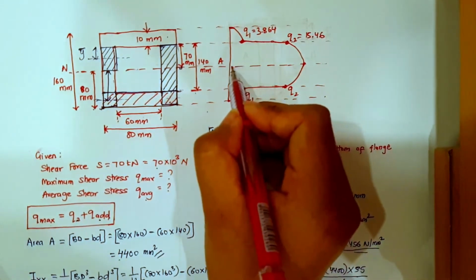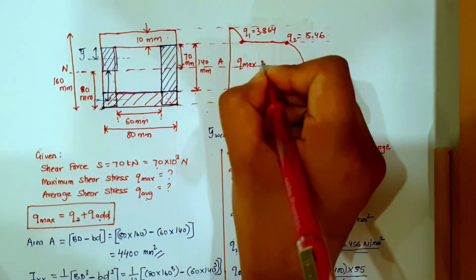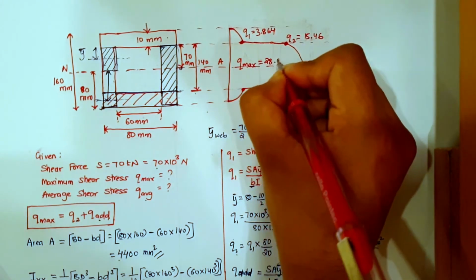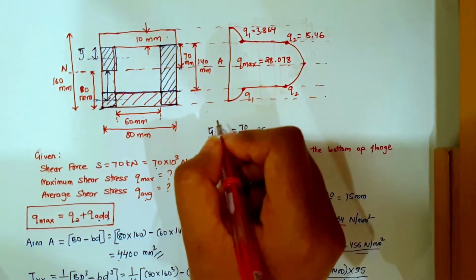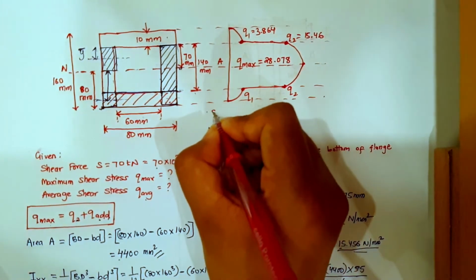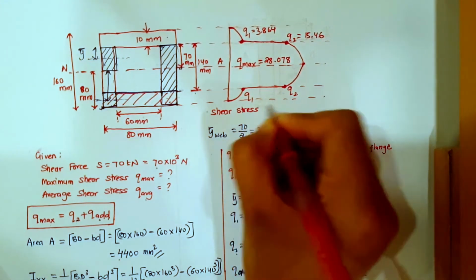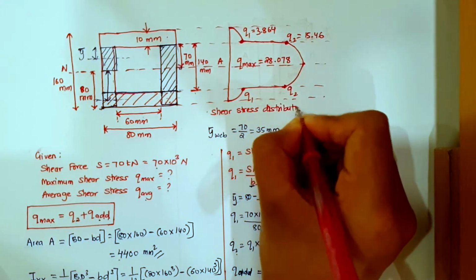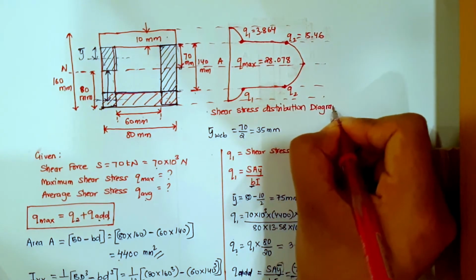Now जो ये middle का portion है, here you will have Q maximum, okay, which came 28.078. Now what is this? This is a shear stress distribution diagram.